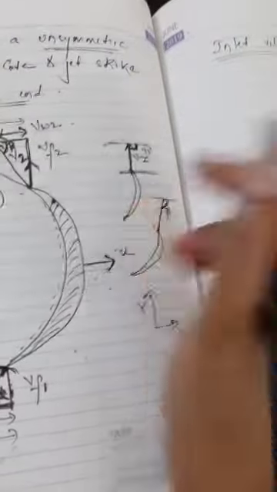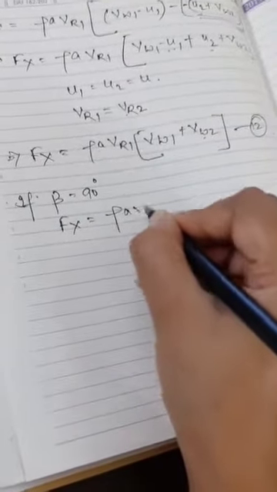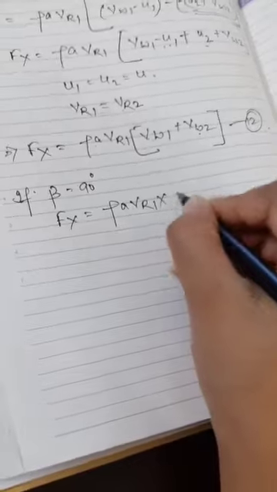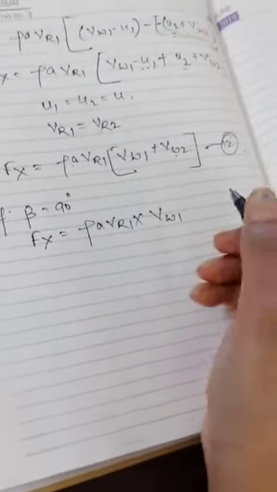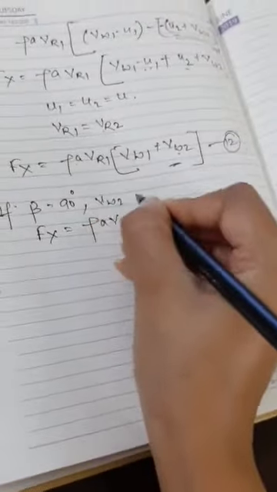That means there will be no component in the outer triangle. So Fx will become rho A VR1 into VW1. That means VW2 becomes 0. There will be no horizontal component, only a vertical component.